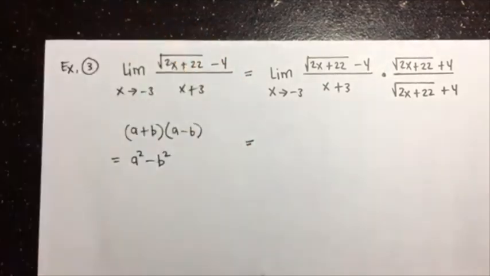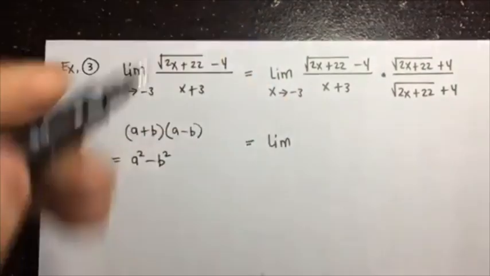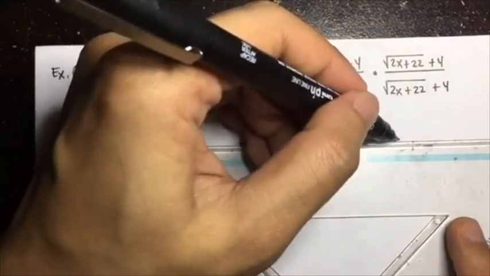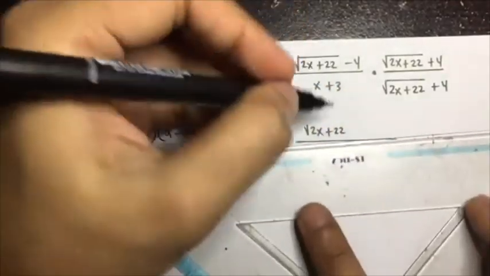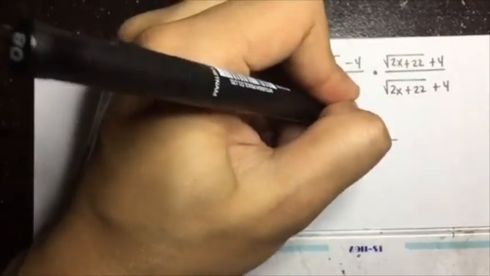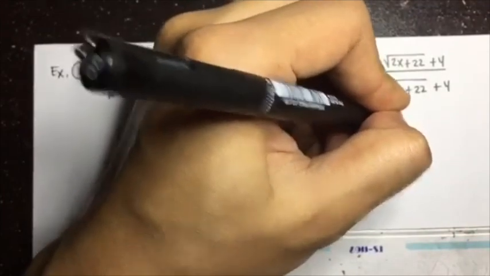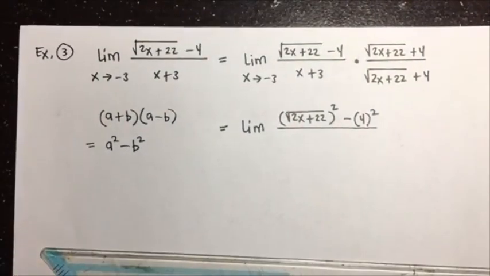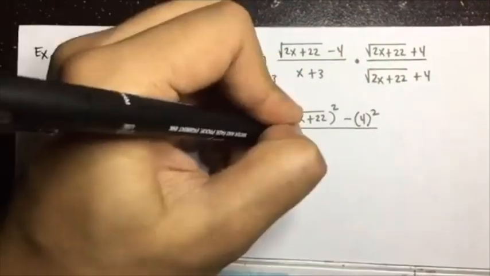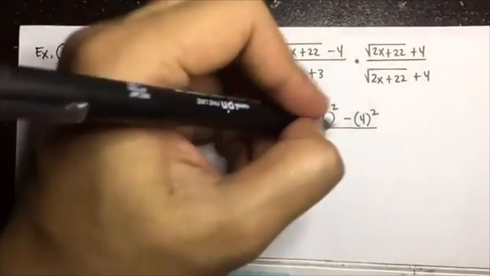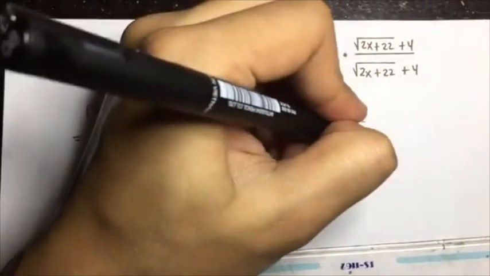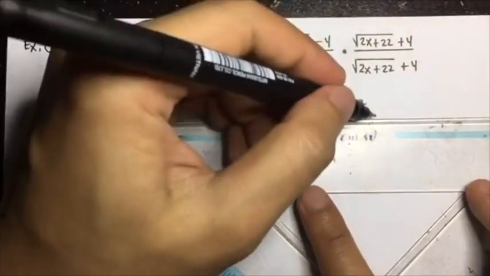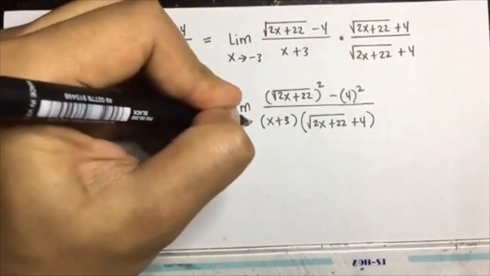Therefore, the numerator will now become the square root of 2x plus 22 squared minus 4 squared, while the denominator will still be x plus 3 times the square root of 2x plus 22 plus 4, as x approaches negative 3.